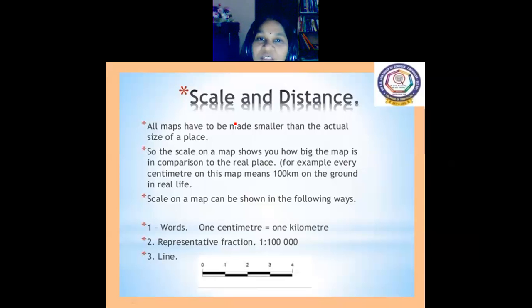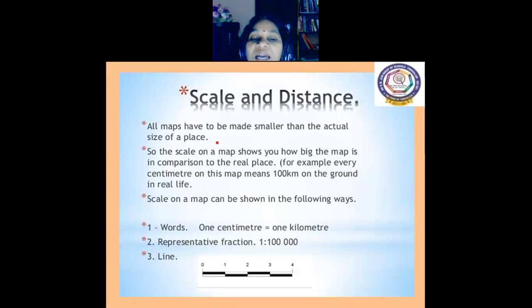It's a very small area, only on an A4 sheet or a small paper. If it is 10 kilometers or 5 kilometers, it will show only 2 centimeters in the map. See, the map is smaller than the actual size of a place.